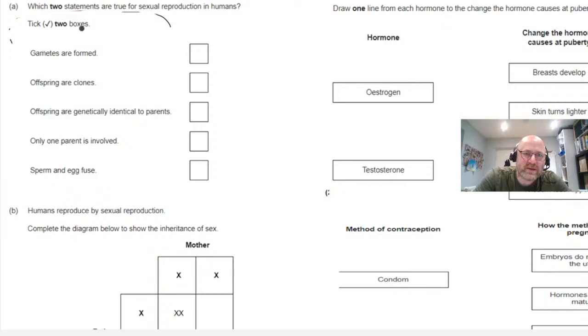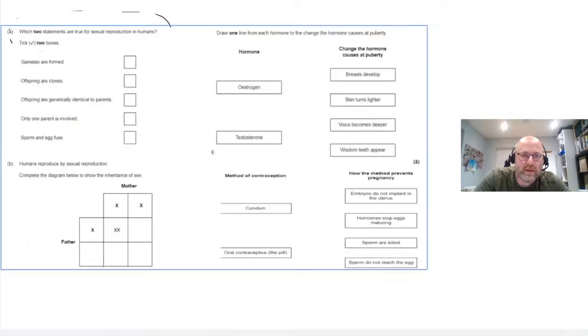Gametes. Yeah, 1, 5. Boom. Yeah, yep. They're not identical in sexual reproduction. They're not genetically identical, so not that one. Okay. Right, let me move this and see.